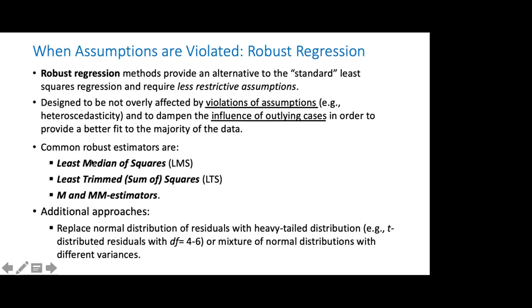This is only true for least median of squares and least trimmed sum of squares. So those two robust estimators can deal with as many as 50% outliers in our data set, which is quite impressive, right? And they can basically separate them and come up with an estimation of a model that does not include those data points.